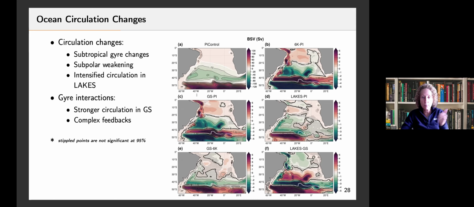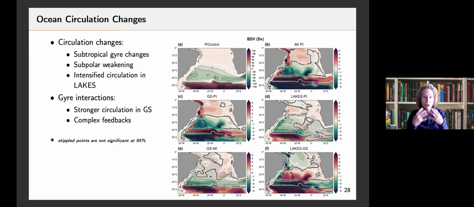We have a subpolar weakening. The subpolar is below, in very high latitudes, and we can see over here an intensified subpolar circulation in the lakes experiment, and also an intensification of the Brazil current over here.